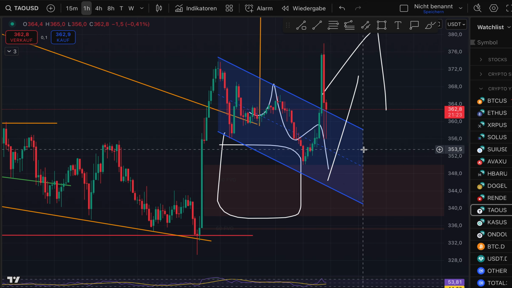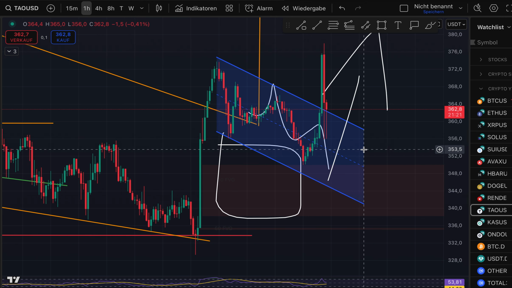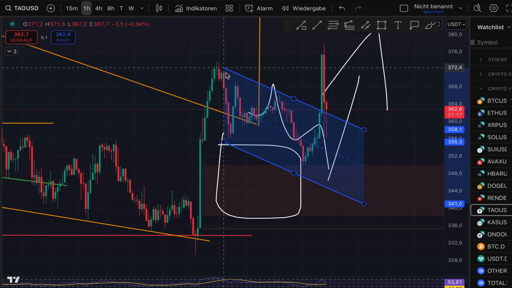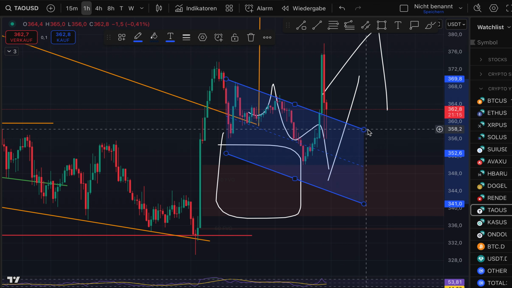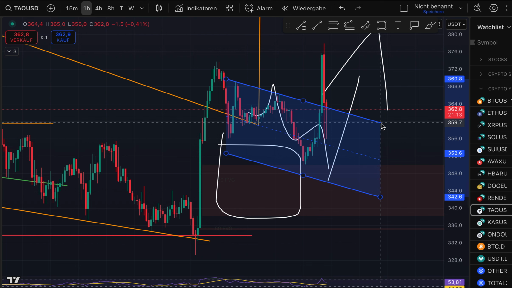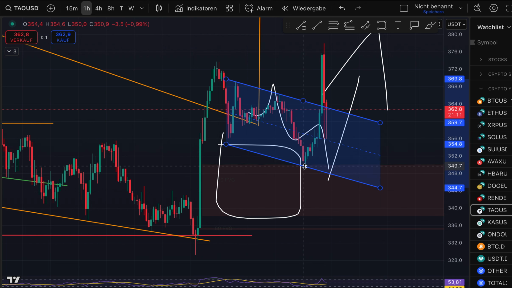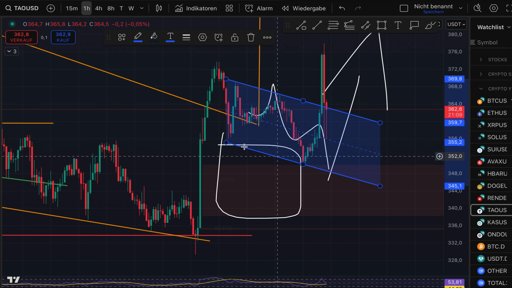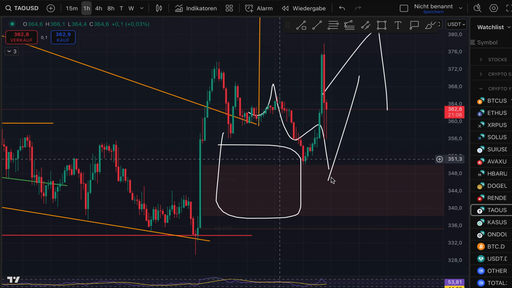So what about TAO? TAO didn't look that good to me. I couldn't find anything where I can say, oh, it might be 2 touch points to the upper part, 2 touch points on the lower part. Even this is not working, so basically I didn't even touch it.